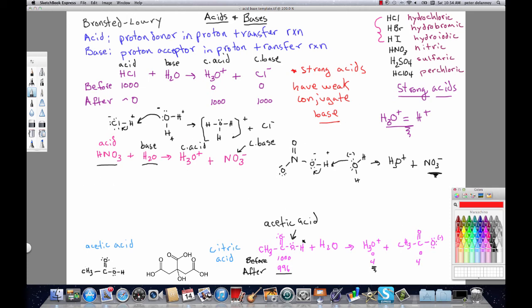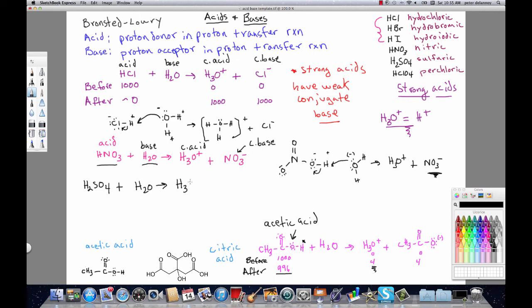This next one is sulfuric acid, and as I pointed out in the last video, we call this a polyprotic acid because it's got more than one proton. What's important for the viewer to understand about this is that only loss of the first proton matters for this strong acid.